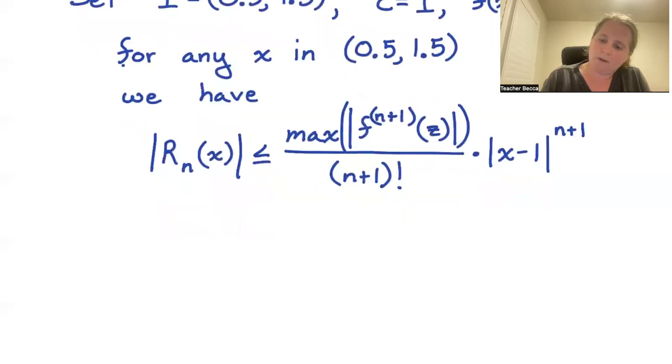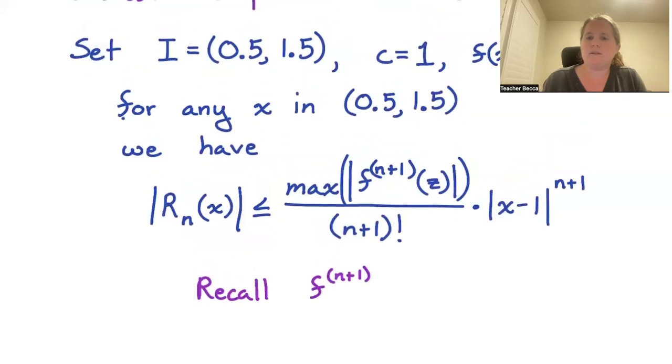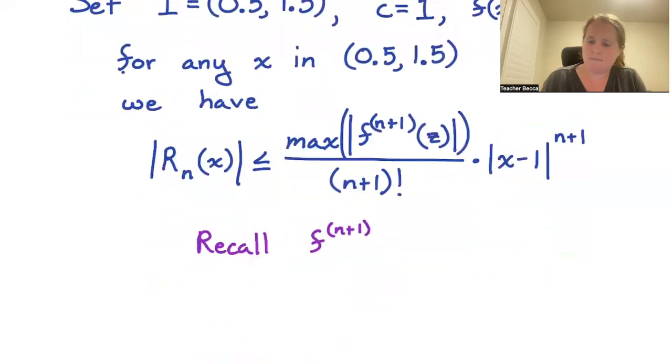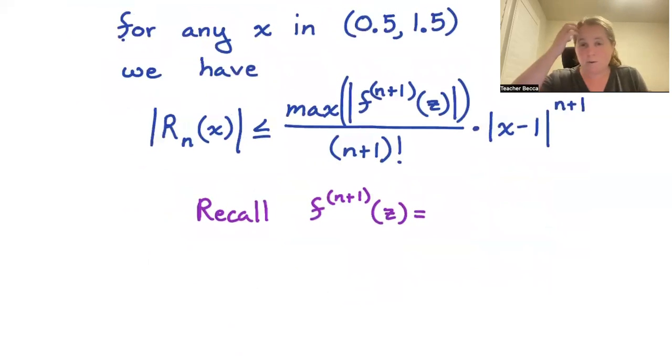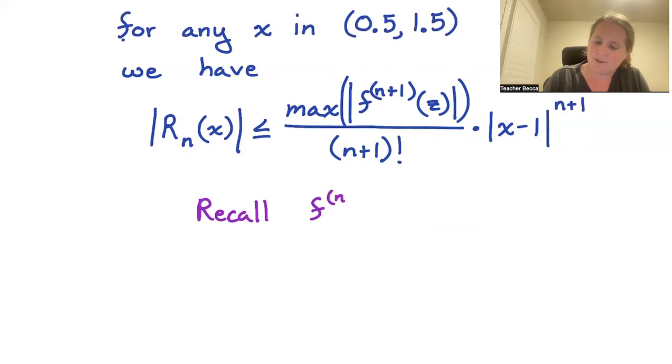So recall from the previous video the derivative of f of x equals 1 over x. Actually, let's do the nth derivative first; we'll get to the n plus first derivative.